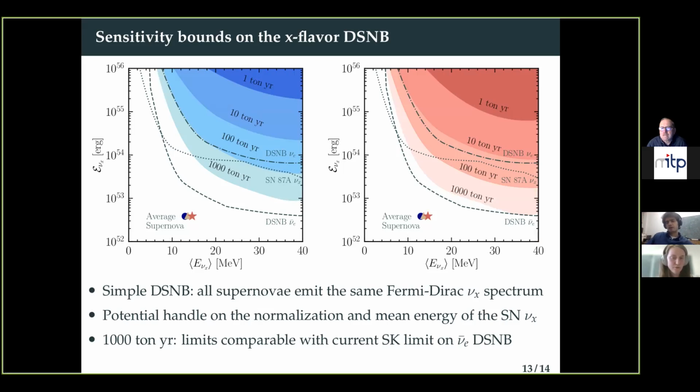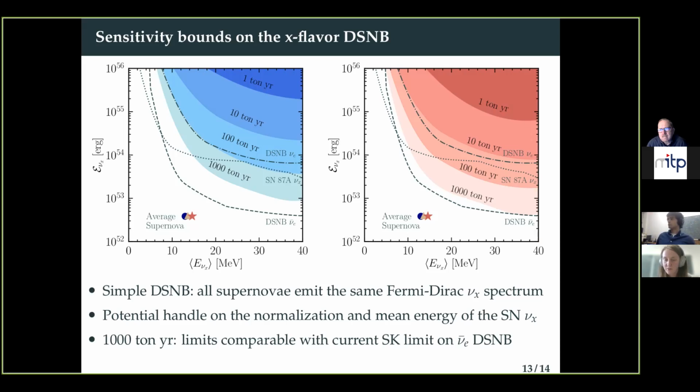Yes, I think you also expect that, but the flux is lower, both in the normalization and in the mean energy of the spectrum. So I think there is no hope for that right now. Maybe sometime in the future, if we could measure keV scale neutrinos, in the keV to MeV range, like 1-ish MeV.